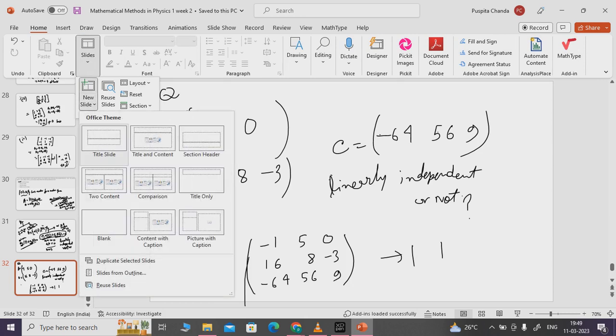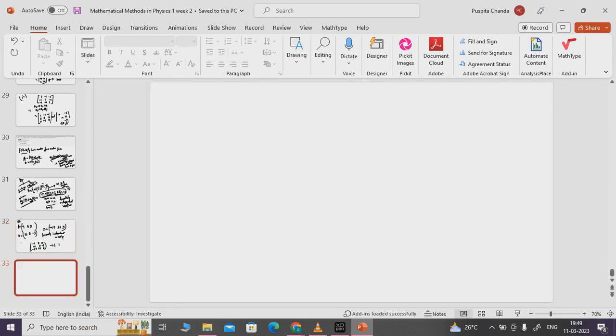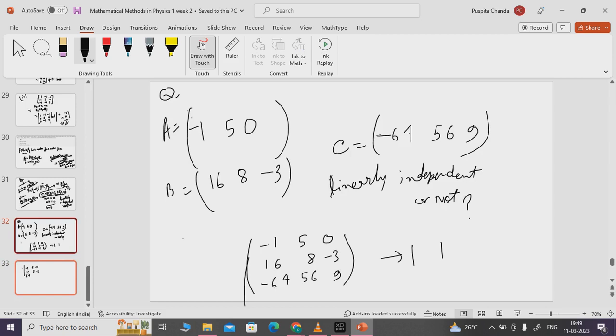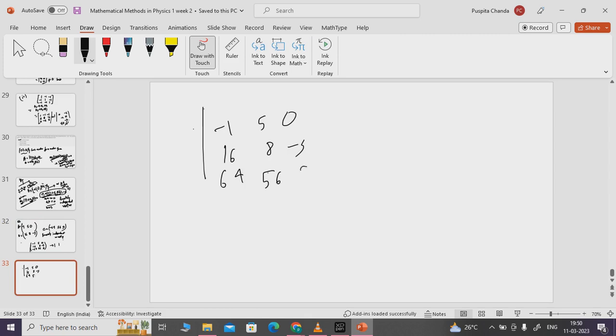So this determinant will be -1 5 0, 16 8 minus 3, minus 64 56 9. This is -3, right? -64.